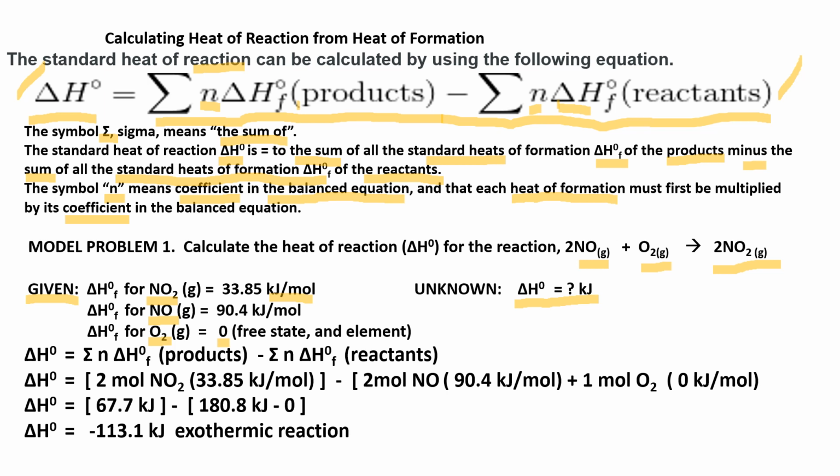So, let us now go to the equation that the delta H of the reaction is equal to the total delta H of all products of the equation. And let us go back to the equation. The equation has only one product, and this is the product, right? 2 moles of NO2 gas.